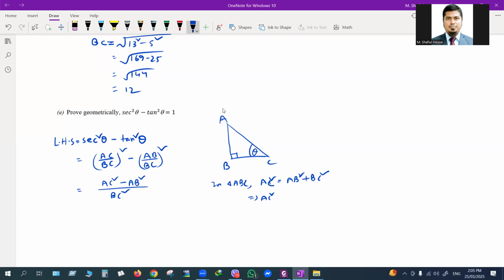So AC square minus AB square is equal to BC square. So if we replace AC square minus AB square by BC square, it will be BC square by BC square, which is 1, equal to the right hand side. It's very, very simple, okay?